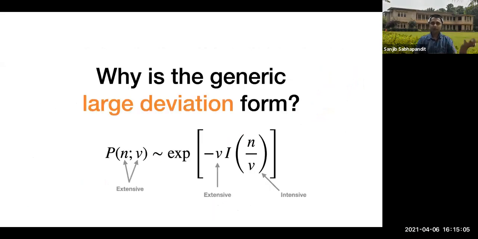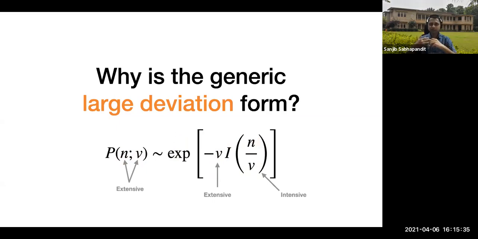So to summarize, you are looking at the probability distribution of some observable, in this case the number, or it can be density, for a given volume V. So you have one extensive variable and one extensive parameter. It has this form: exponential of minus some extensive parameter times a scaling function of the ratio of these extensive quantities, which is an intensive quantity.